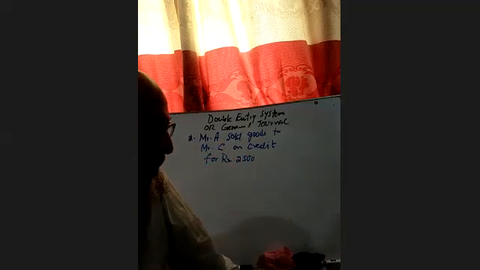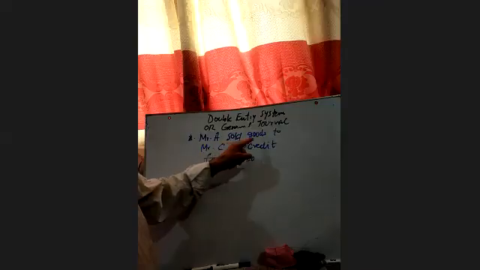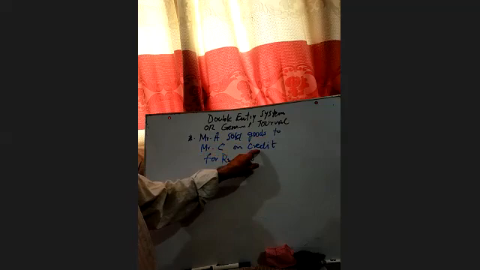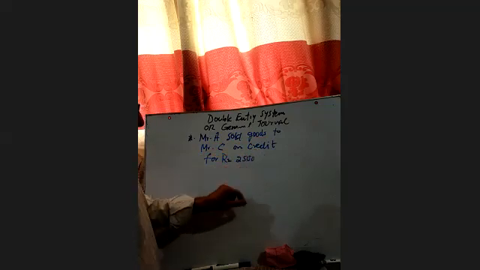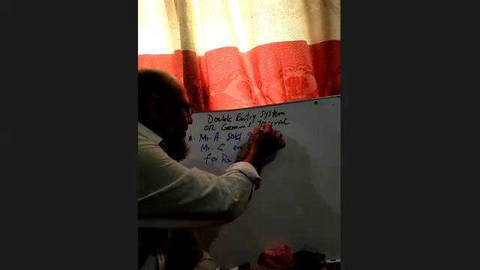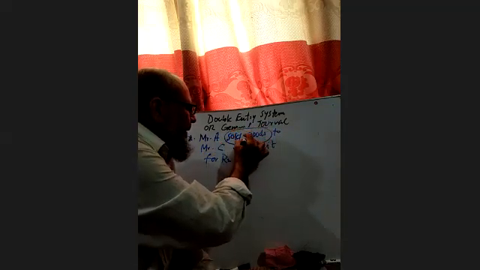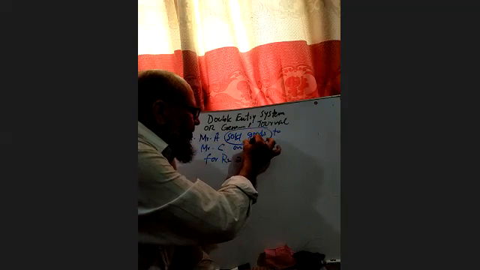This is again your credit transaction. Mr. A sold goods to Mr. C on credit for rupees 2,500. When goods are sold, they are called sales.